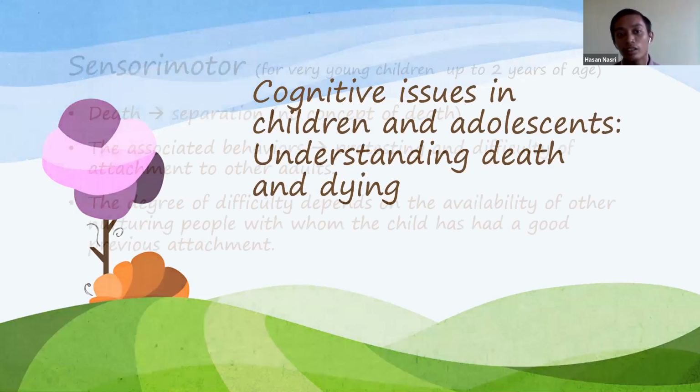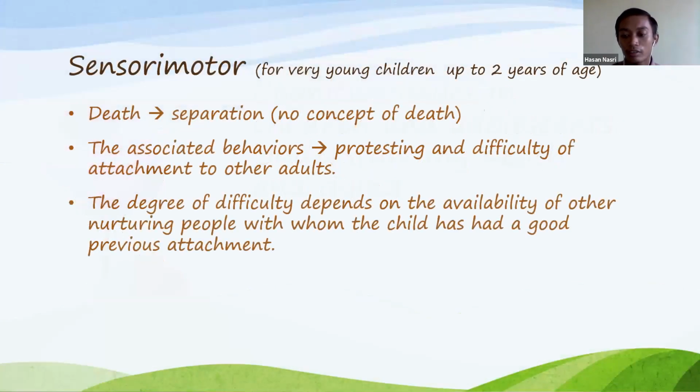Next, according to Piaget, there are four stages. First is the sensorimotor stage, for very young children up to 2 years of age, where the children are unable to comprehend death, but they just treat death as separation from the others.